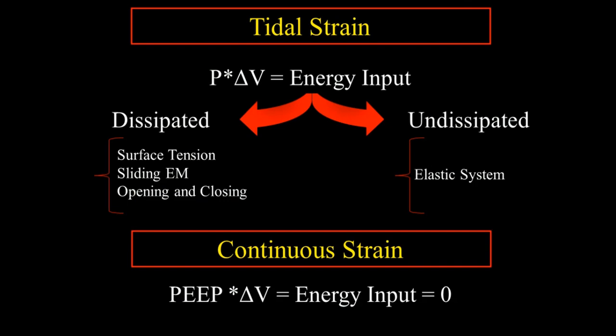Okay, the energy, my dears, is the VILI. To hurt something, I need energy. And energy is not stress and strain. These are consequences. The real cause is the product of a pressure and a volume, which is the energy that goes into the lung. And part is dissipated, in great part by sliding the extracellular matrix, and part is undissipated.